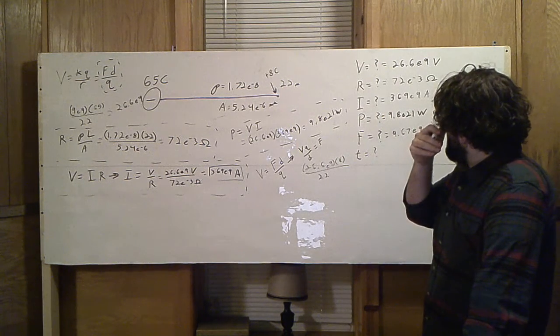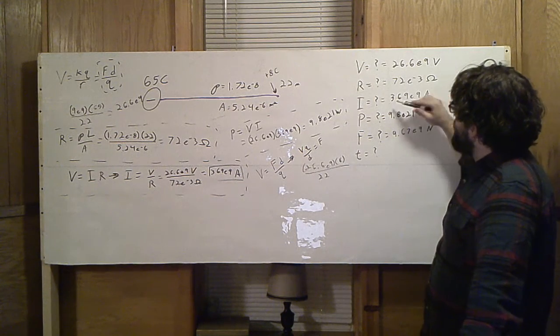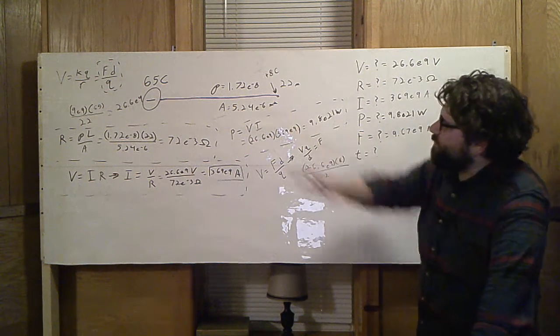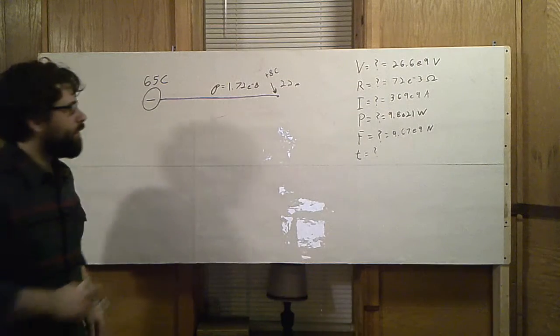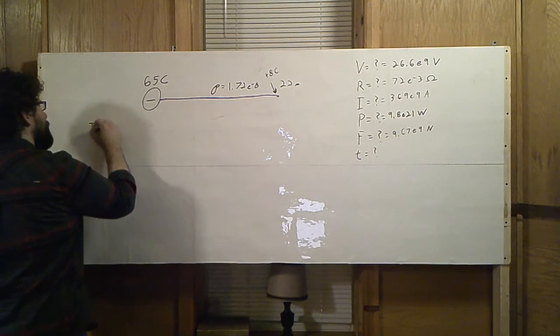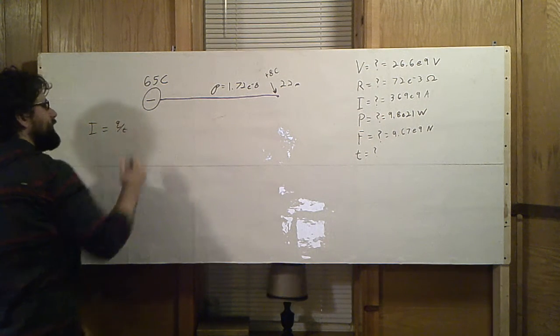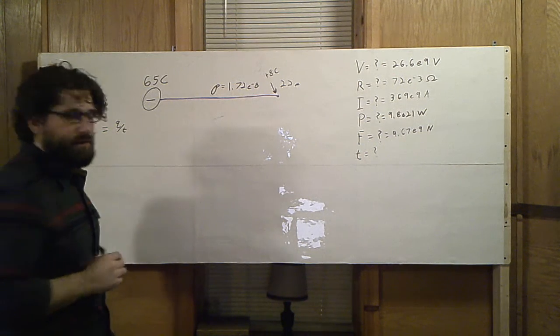Well, we've got a current of 369E9 amps. In order to find the time, we need to look at our definition of current. Current is Q over t. This will actually be a lot easier than it looked.